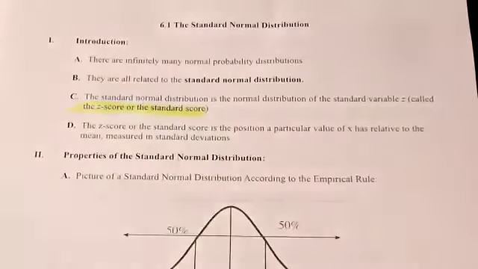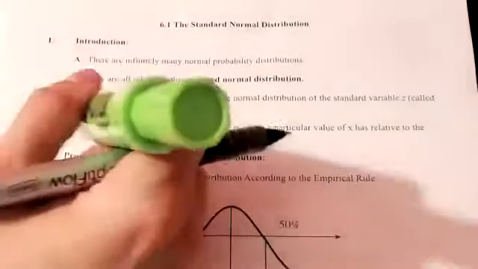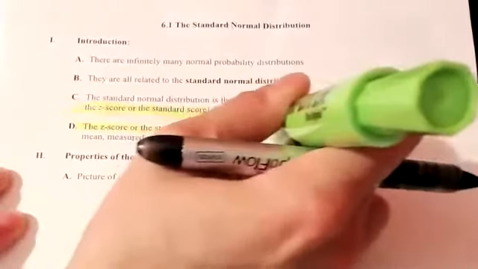D, the z-score or the standard score is the position a particular value of X has relative to the mean measured in standard deviations. Perfection. Thank you so much.